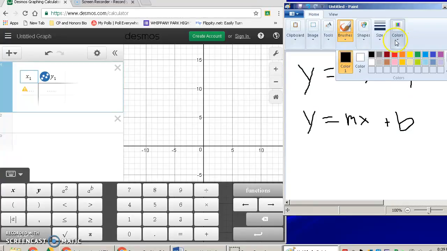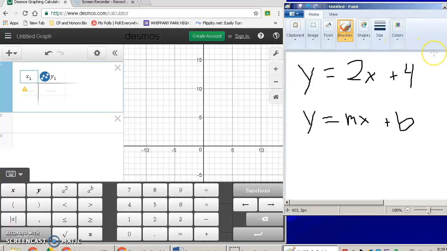I'm just going to circle them here. We'll know that 4 here is actually the y-intercept. So that's where in the graph it's going to be intersecting the y-axis there.